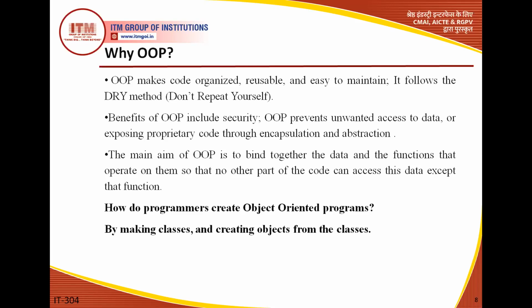Now the thought came into our mind: how does this actually work? Basically, object oriented programming binds together the data and functions that operate on any object, so that no other part of your code can easily access it.